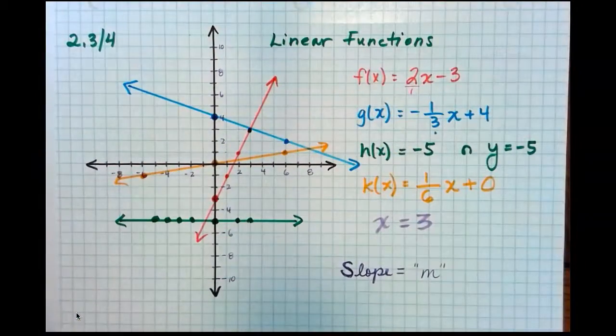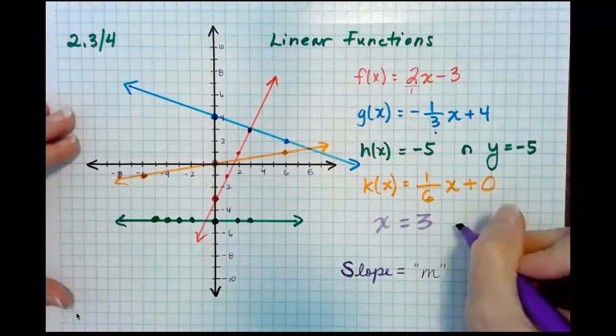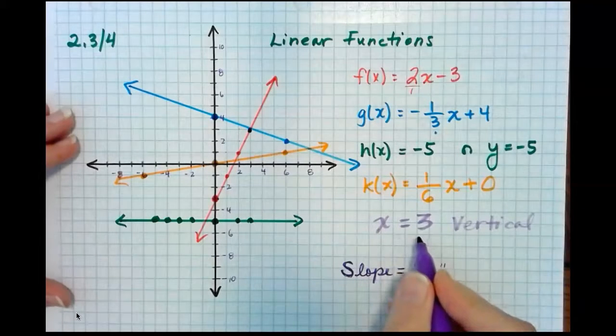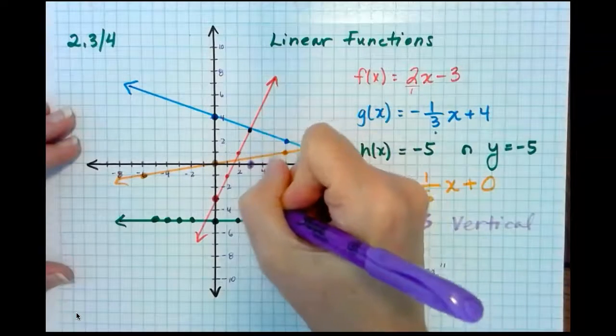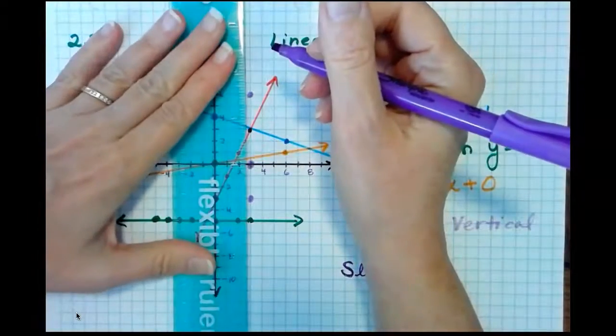And then lastly, we simply have x equals 3. This has no output of y at all. This is a vertical line at x equals 3. So here's x equals 3, here's x equals 3. No restrictions on y.